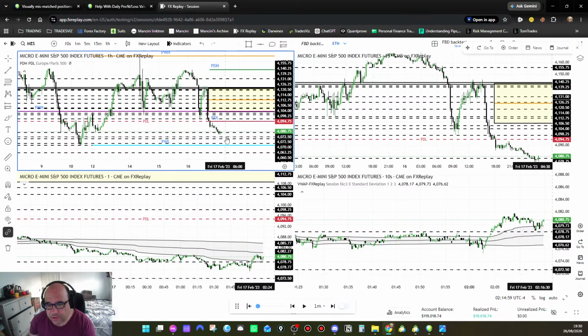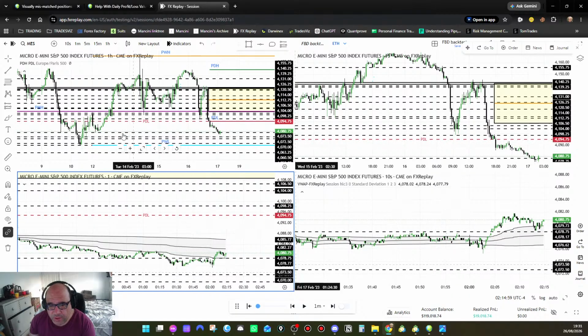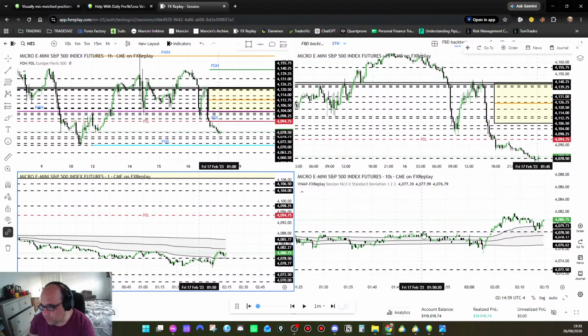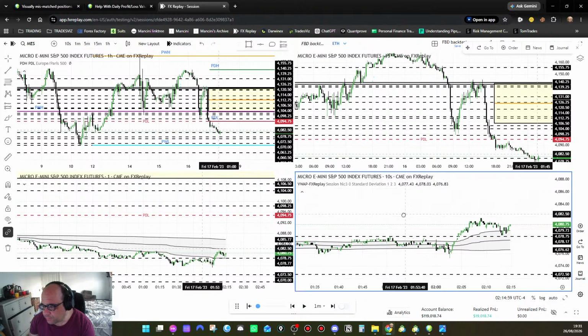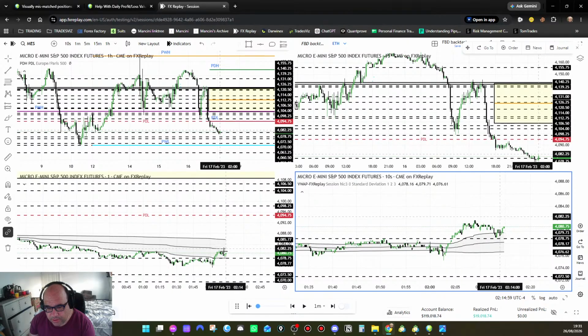Nevertheless, I can take this and probably lead it to backtest previous day low if it happens. We currently have a failed breakdown at this set of lows, which I think is good enough for me to take the trade. We've seen a failed breakdown here, backtest, and it's ready to go.